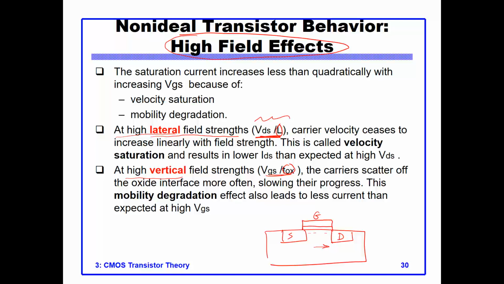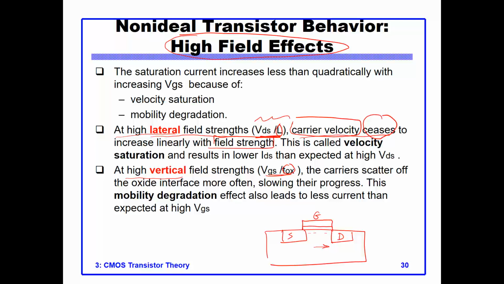The lateral electrical field is estimated by dividing VDS over L. This is what moves the electrons and holes across the channel. Typically in an ideal transistor, the carrier velocity changes linearly with the lateral electrical field. But in short channel devices, this relation does not apply anymore.